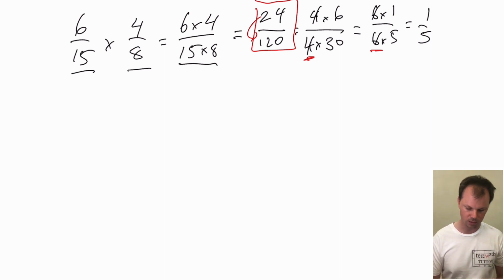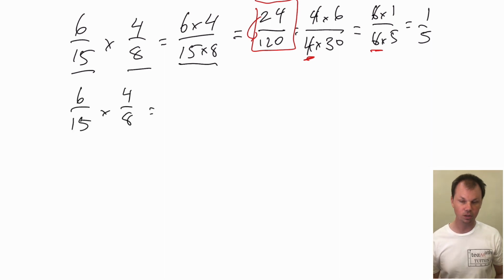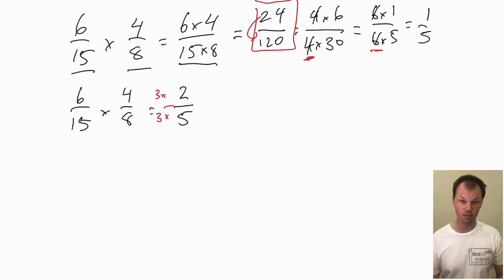So we'll do this with the same example. Looking at that first fraction, 6 on 15, a common factor to both numerator and denominator is 3. So 3 goes into 6 2 times, and it goes into 15 5 times. What I haven't shown here is 3 times 2 is 6, 3 times 5 is 15.